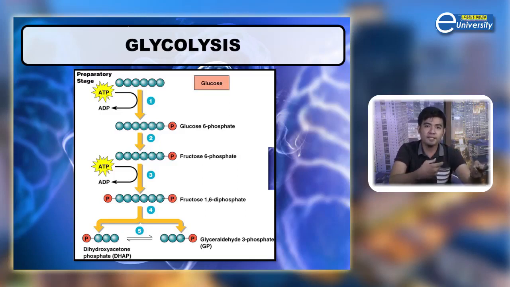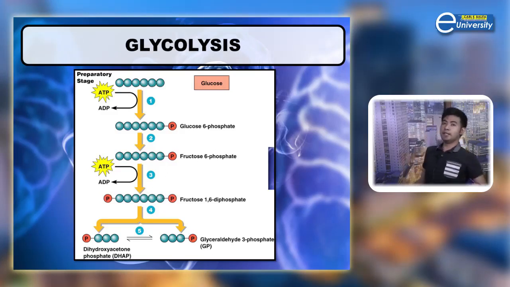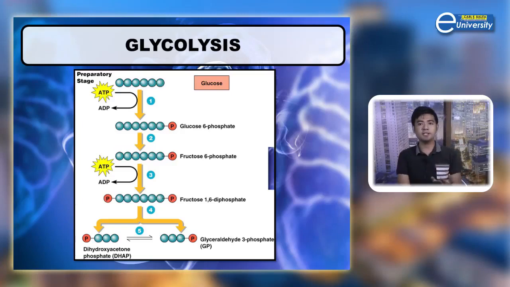If we compute that mathematically, 4 minus 2, so the gained 4 ATP minus the invested 2 ATP, meaning we only gained 2 ATP molecules. So for the glycolysis stage, we have 2 ATP gained molecules.